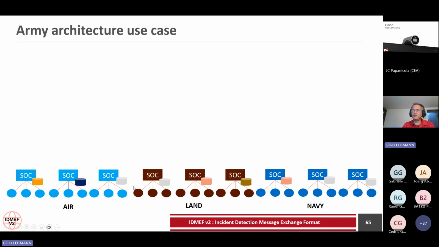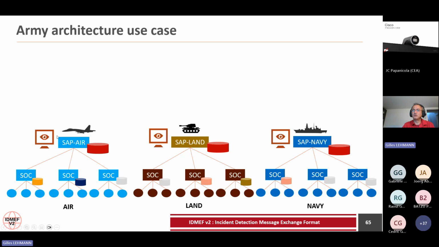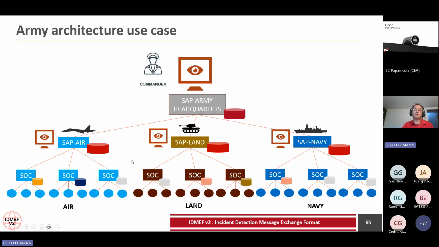And the idea of IDMEFv2 is to be able to create a hypervisor for each army and a supervisor. And having worked in the army, I've seen this use case, at least in the Navy, in the air. I've not done all the project, but it's obvious, it's important.